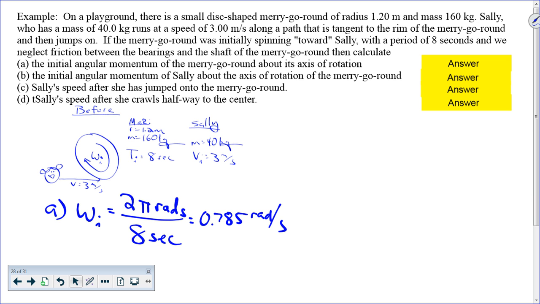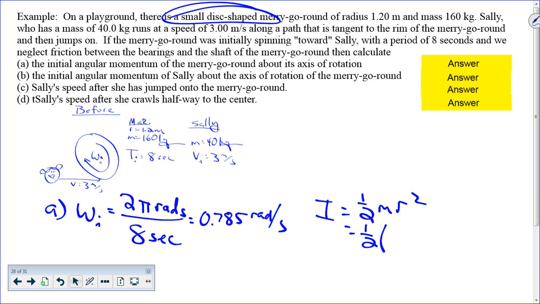We need to know our I, right? The problem tells us it's disk-shaped. So our I for a disk is 1/2 mr squared. So that's 1/2. The mass was 160. The radius is 1.2. Don't forget to square it. So you get 1.44 times 80 is 115.2 kilogram meters squared.